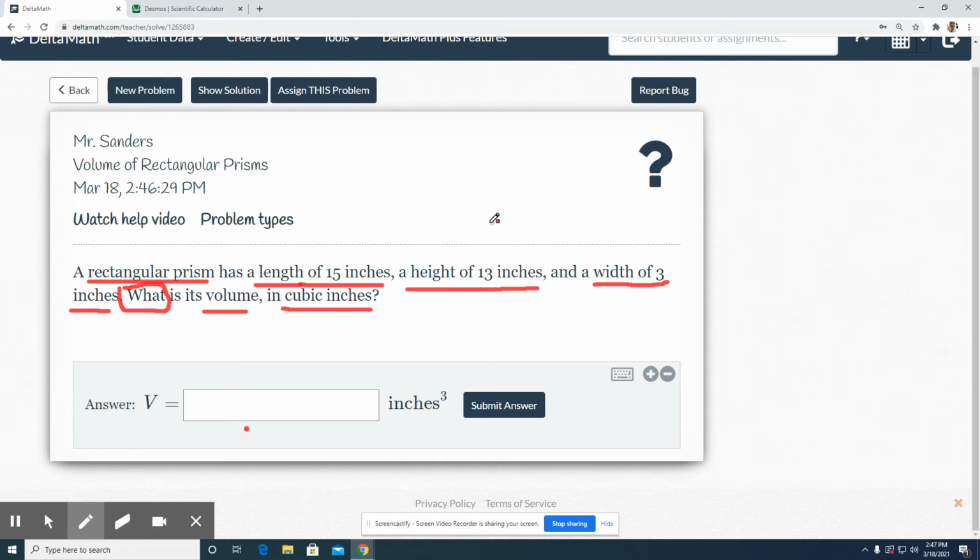All right. So we have a width of 3, and I'm leaving off the label. A length of 15, and a height of 13. Okay.